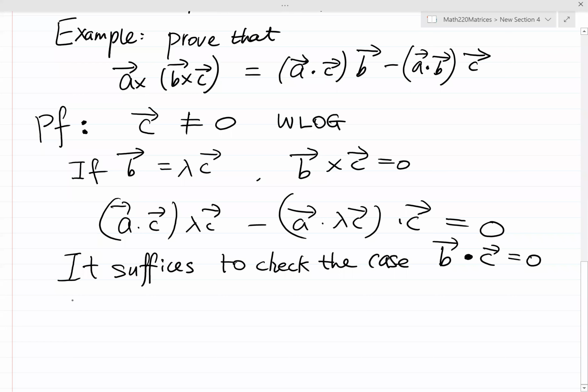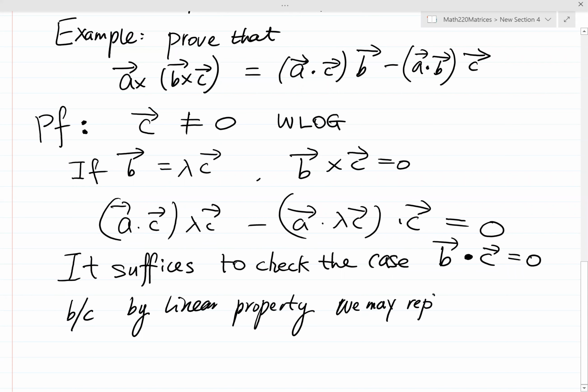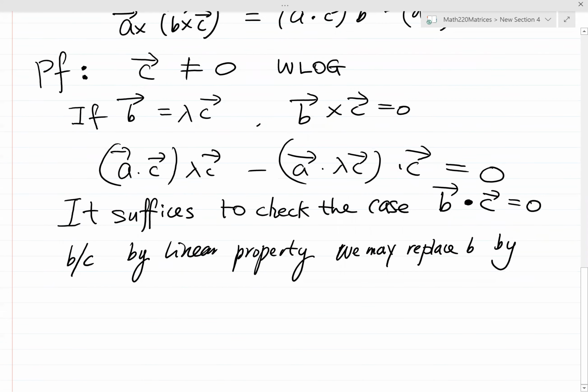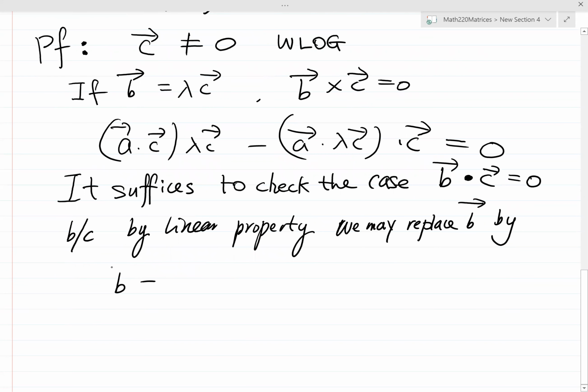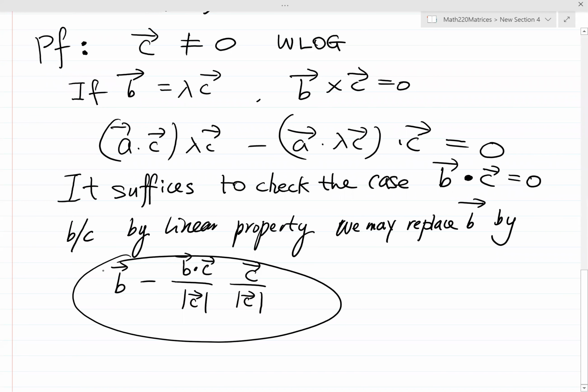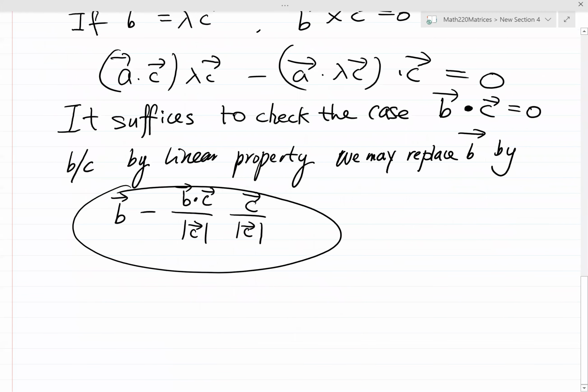Because by linear property, we may replace B by B minus the projection of B on C. So this will be C over C norm, and then B dot C over C norm. This tells us that this is the projection of B on C. If we subtract the projection of B on C from B, the new thing is perpendicular to C. So we assume B dot C is 0.